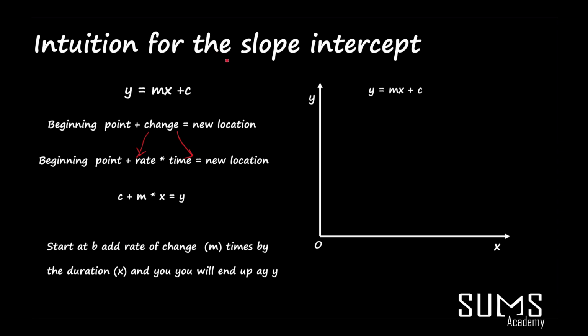All right, so let's draw this out. Here would be your starting point, c. What's going to happen is we're going to travel along at a rate, which is your m, for a certain amount of time.